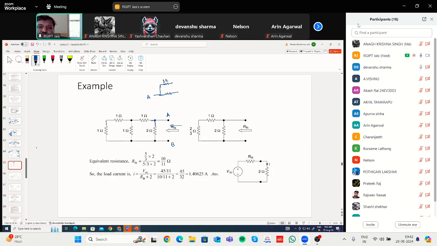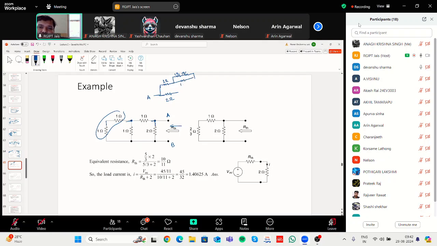After the 1 ohm, there is again a branching out. In one branch there are two resistances, 1 ohm and 1 ohm. In the other branch there is a 1 ohm resistance. And these two are getting added up here.